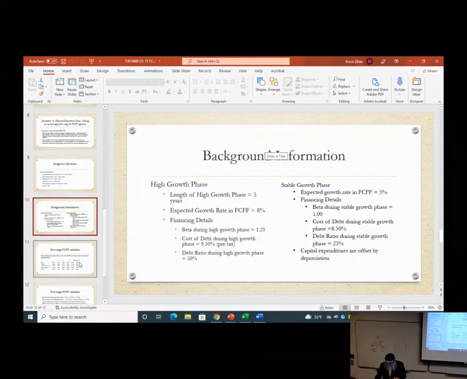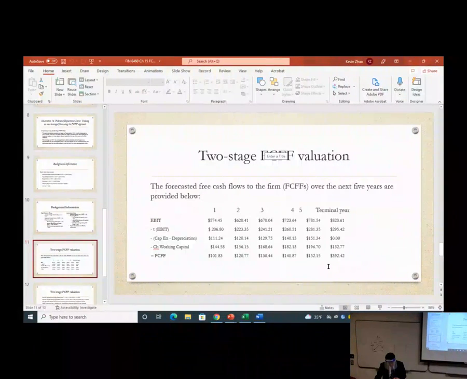So here's the spreadsheet. You start with EBIT, right? Then you apply the high growth rate for the 5 years. And year 6 is the so-called first year of the terminal time period. Right? And you apply the low growth rate for year 6. And same thing for capex, depreciation, and change in working capital. And then you get an estimation of free cash flow to the firm.